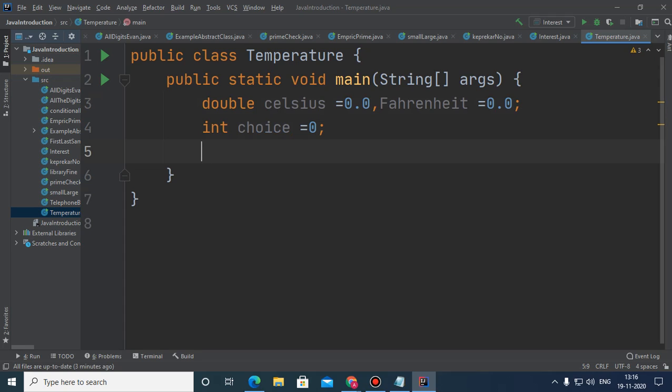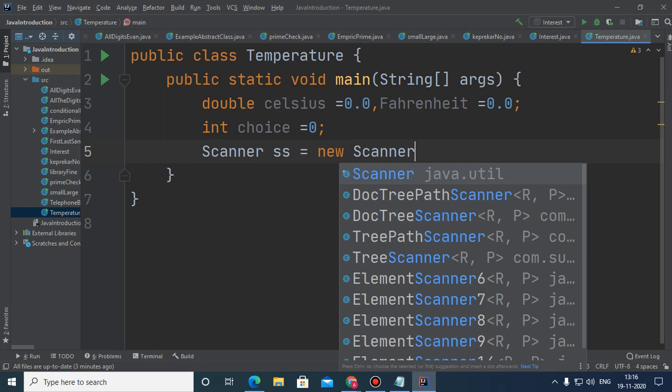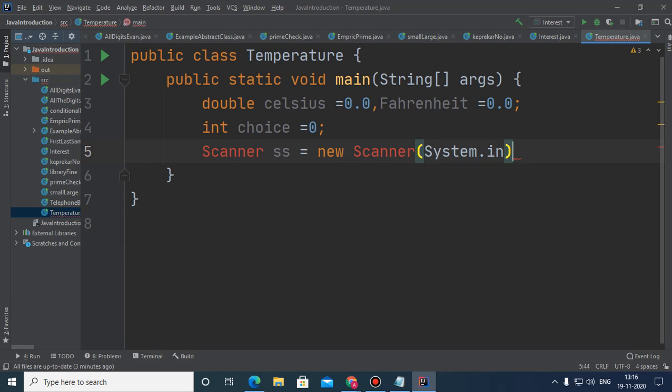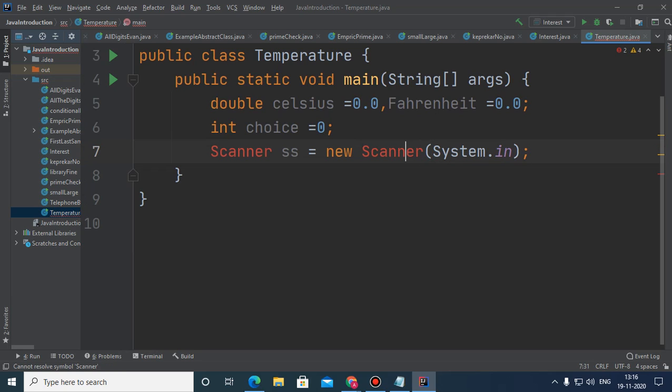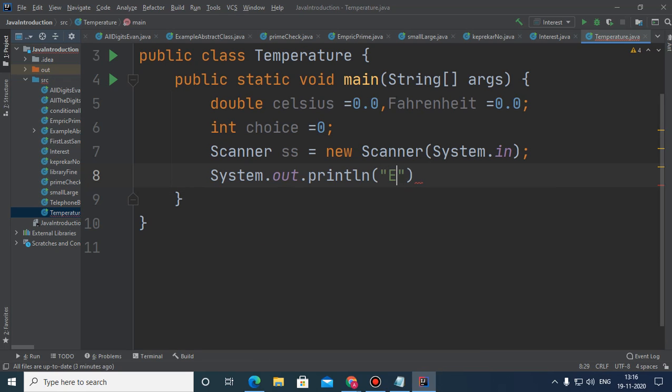And now what to do is just have this scanner class. Choice 1, and what is that choice?